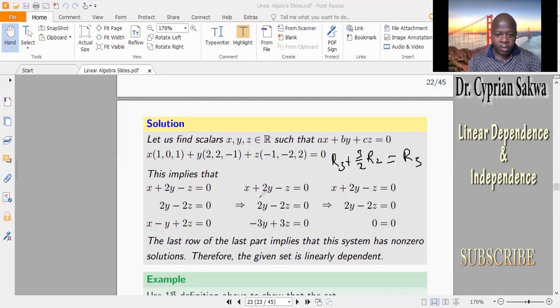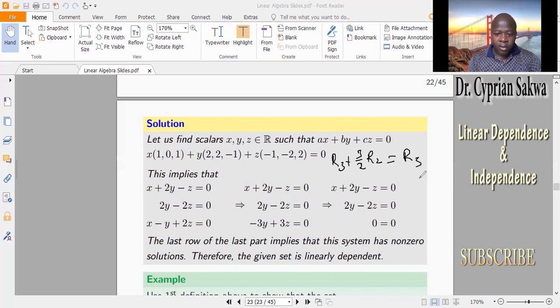So let's just do that. The first row remains where it is, the second row remains where it is. So let me just multiply this one by 3 over 2. When I multiply this one by 3 over 2, what I get is 3y. And that 3y added to this, I will have a 0.